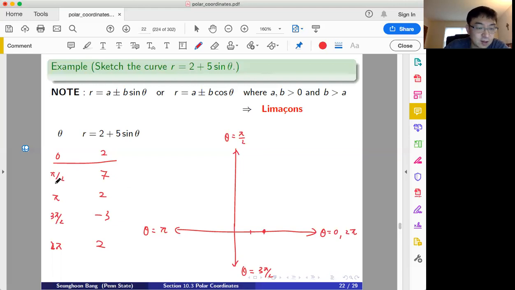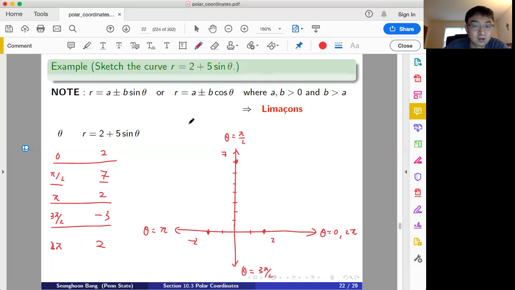Pi over 2, length is 7: 1, 2, 3, 4, 5, 6, 7. Then pi, the length is 2: 1, 2. The 3 pi over 2 is minus 3.